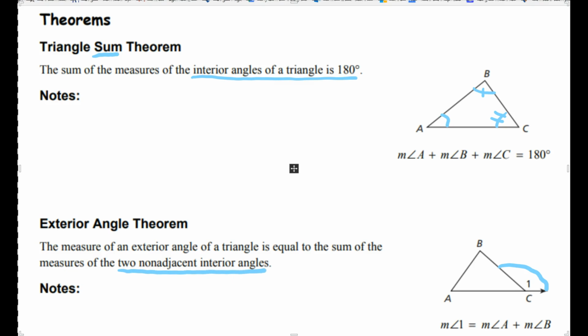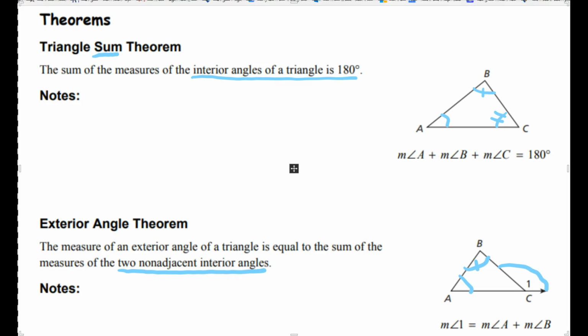Angle C, as you can see, is adjacent to angle 1. So the sum of these two angles is the same as this angle. It's going to become very important that you memorize that rule and recognize that if I want to know what this is, I just need to know what these two added together are.